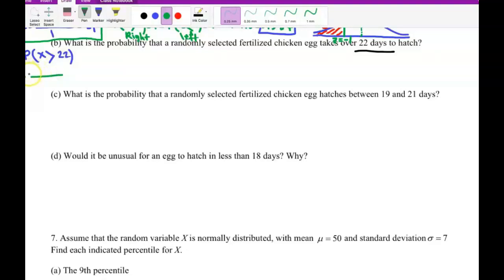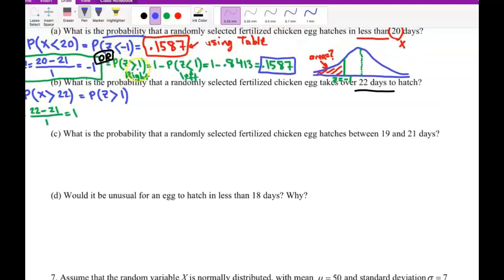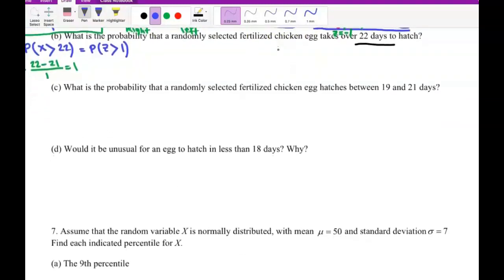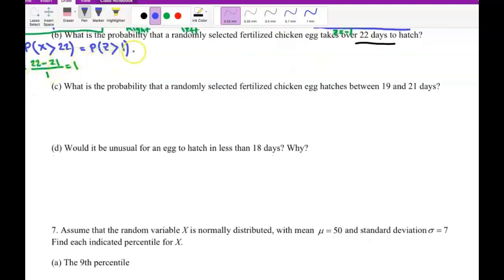So x minus mean: x is 22, minus mean 21, divided by standard deviation 1. So here we got 1. So z is equal to 1. So that is equal to the probability of when z is greater than 1. And we already know the answer from what we got here. See, we have exactly the same thing, so we're going to have exactly the same answer that we got on top. So z greater than 1. First, let me draw this.